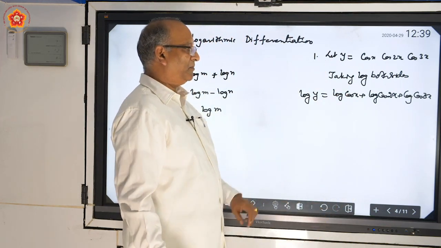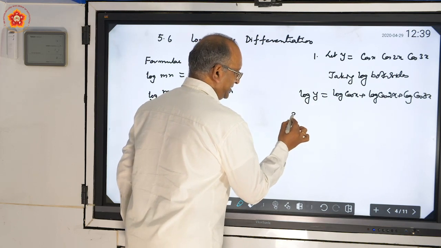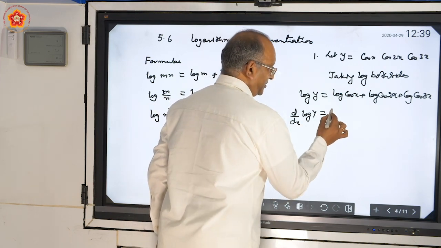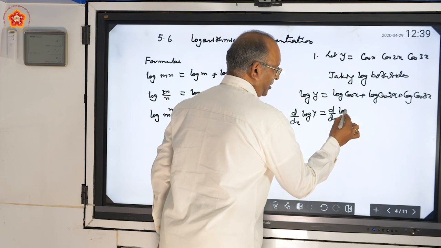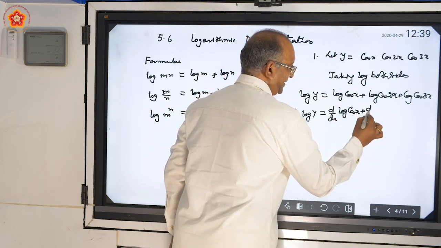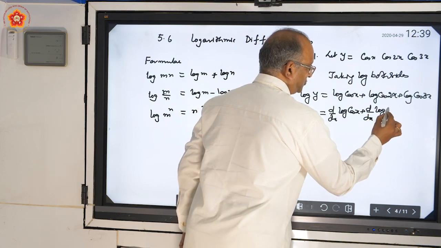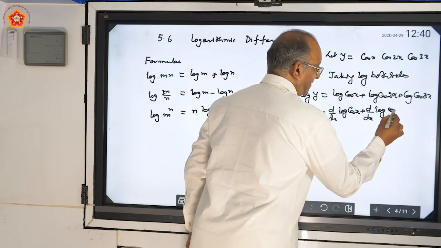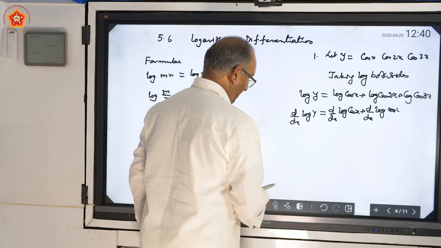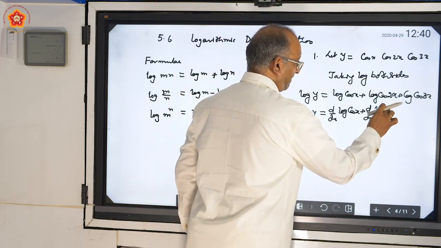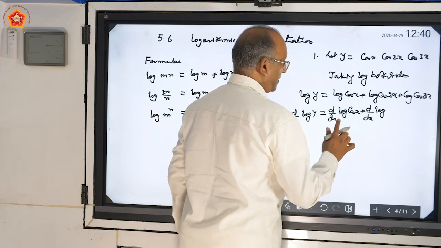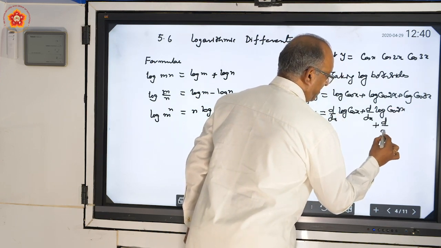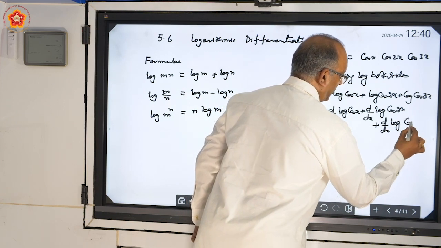Now find the derivative on both sides. It can be written as d/dx of log y is equal to d/dx of log of cos x plus d/dx of log of cos 2x plus d/dx of log of cos 3x.